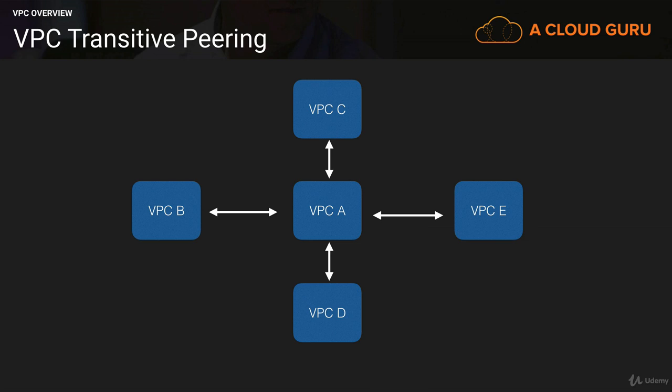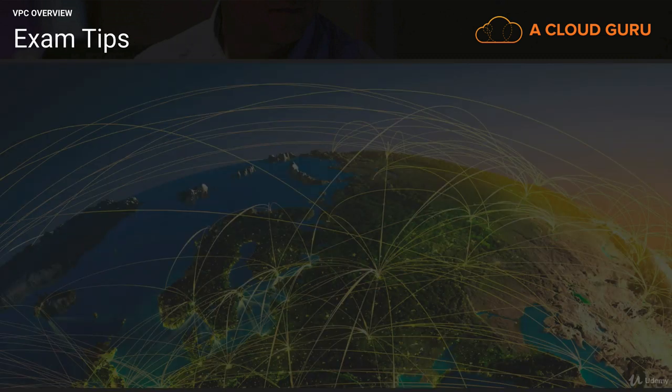We've got assets in VPC A. VPC A is peered with VPC C and VPC B. So VPC A is able to talk to instances in VPC C as well as VPC B. However, an instance in VPC B would not be able to talk to an instance in VPC C. The only way we could do that is to peer VPC B with VPC C. So we don't have transitive peering with VPCs. We have to peer each VPC with each other. So I hope that makes sense.